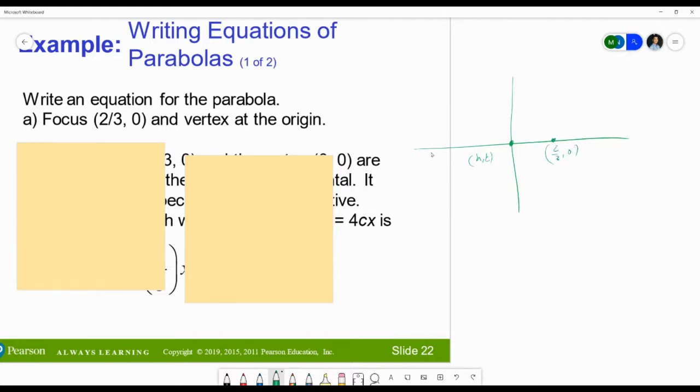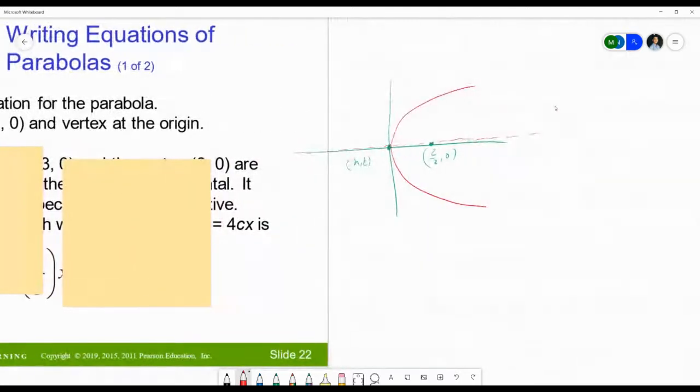Now you know the axis of symmetry is going in this direction, and it's going to open in this direction. That means y squared is positive and your c value is also positive. So just knowing those 2 points starts you out with the equation 4cy. Now you've got to figure out what your c value is equal to.